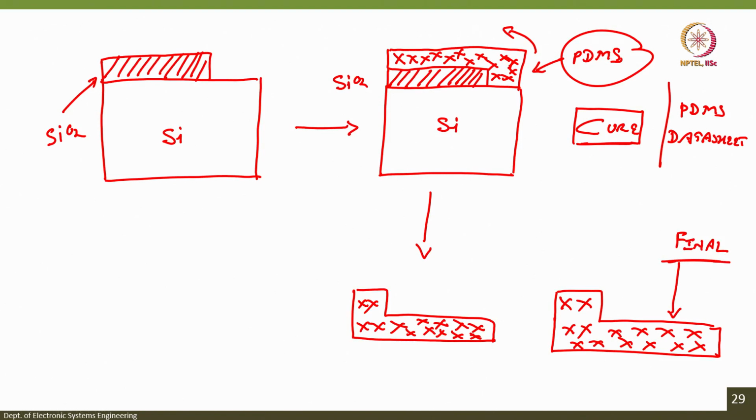Of course, do not worry about the thickness and all these things. So, now the point is that this is one time you have created this pattern. So, when I strip this off from the substrate, what will I have? I will have my mold back, correct. See that when I strip this PDMS off, I will have my mold back.